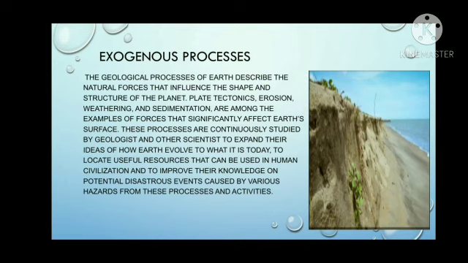These processes are continuously studied by geologists and other scientists to expand their ideas of how Earth evolved to what it is today, to locate useful resources that can be used in human civilization, and to improve their knowledge on potential disastrous events caused by various hazards from these processes and activities.